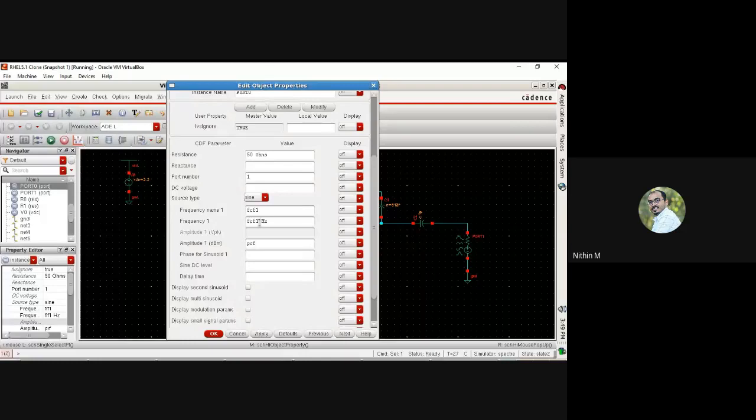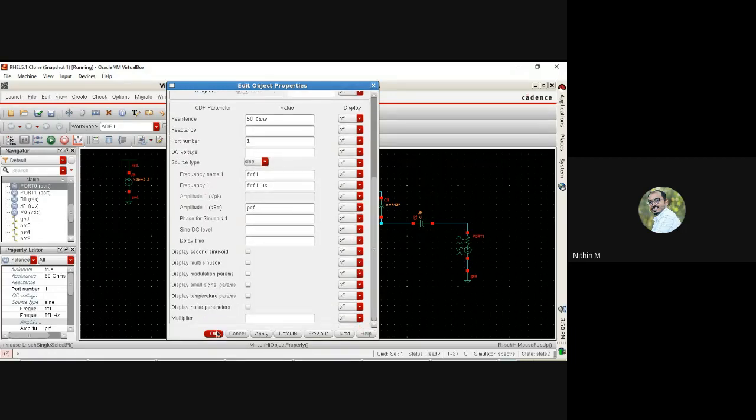I hope you remember, we will be using variables here, and later in the analog design environment window, we will give the numerical values we want. I have given the frequency value as FRF1 hertz. Amplitude in dBm, I am giving as PRF. RF denotes the RF signal, F denotes the frequency, and P denotes the power, which is in dBm. So this is what is inside a port.